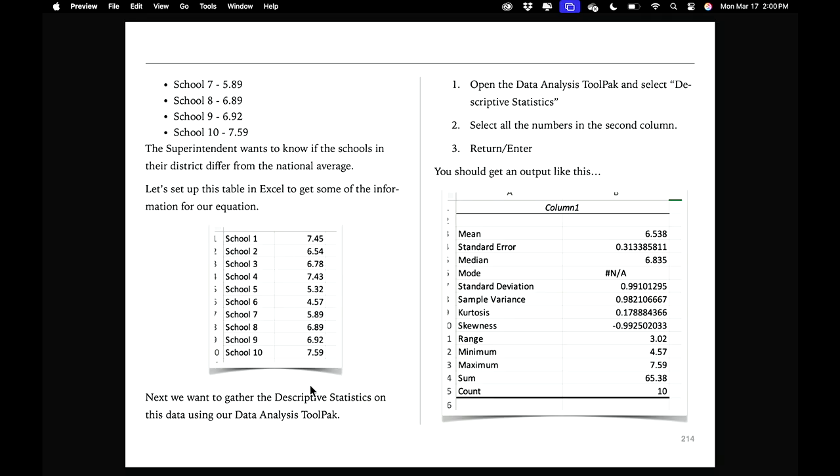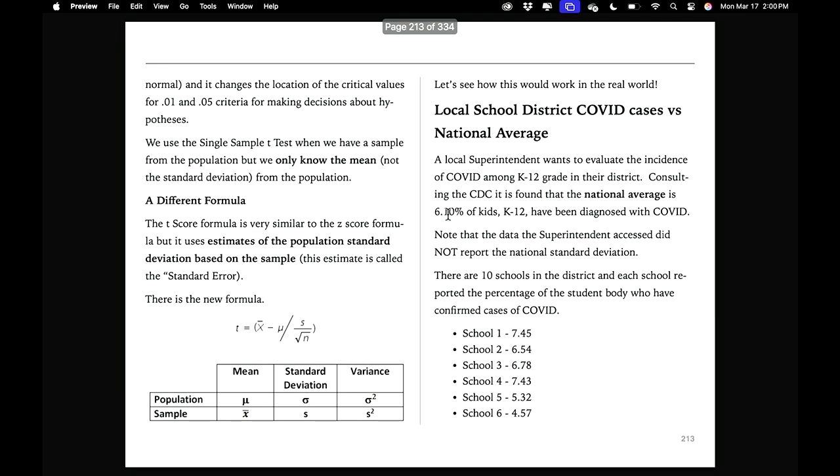Okay, so first I do my descriptive analysis here. I select all this information and I use the Data Analysis ToolPak to compute my descriptive data. My mean is 6.53 and the standard deviation is 0.99. So let's look back a little bit. The national average is 6.10 and mine was 6.53.